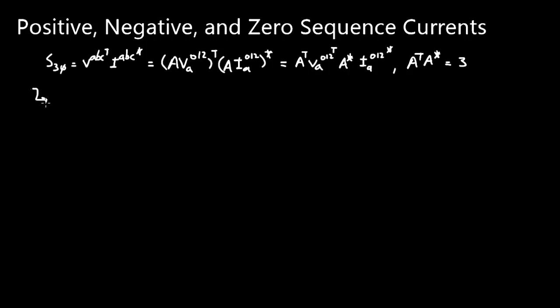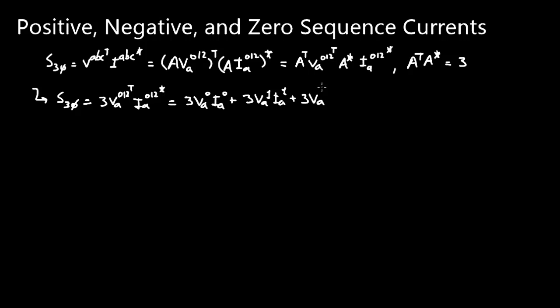And so from that we can see then that the three-phase apparent power is going to be equal to 3 times VA012 transposed times IA012 conjugate, which of course now if we distribute the terms we will get 3 times VA0 IA0 plus 3 times VA1 IA1 plus 3 VA2 IA2.